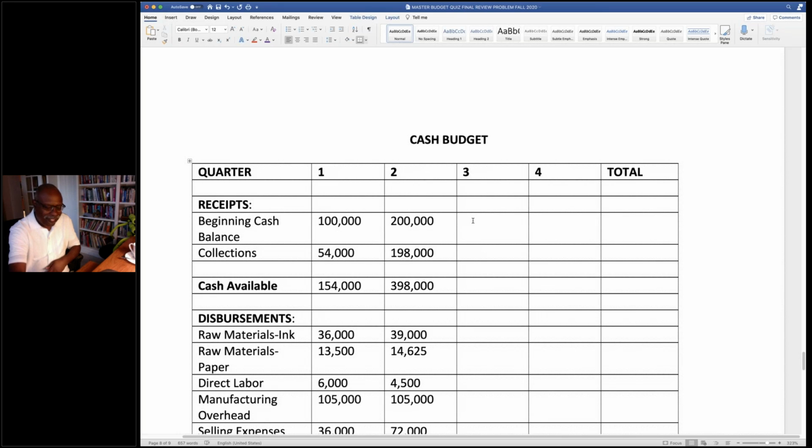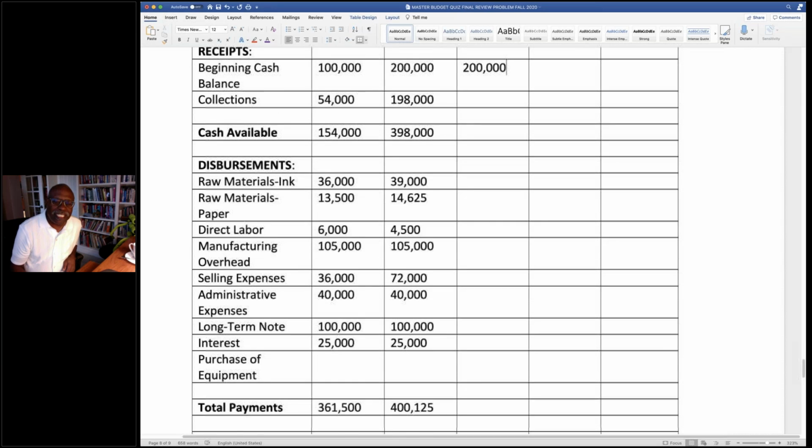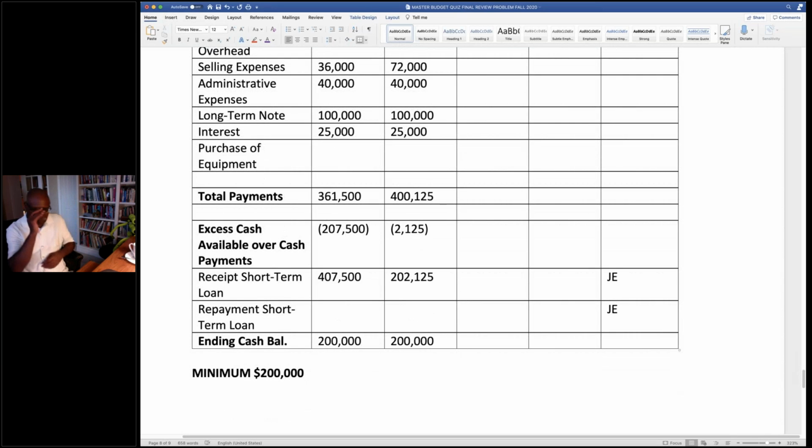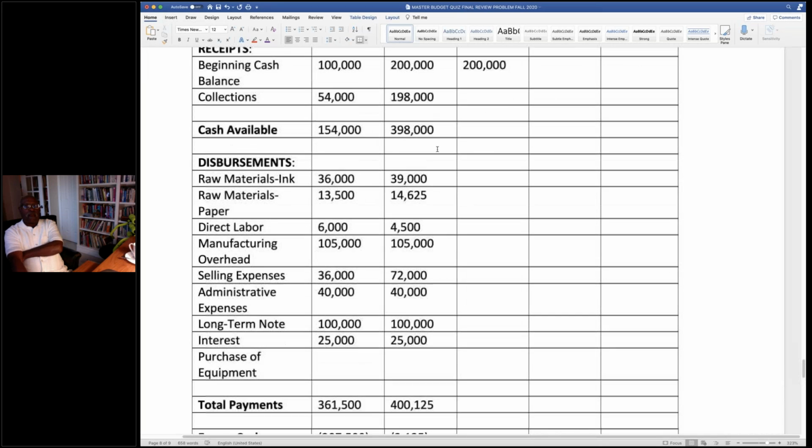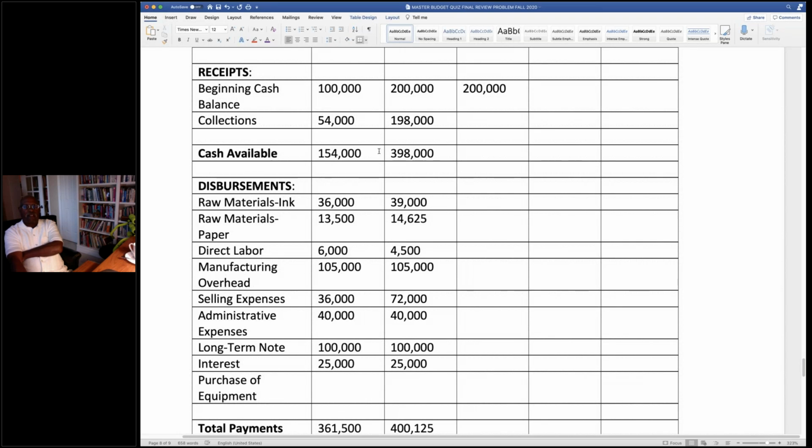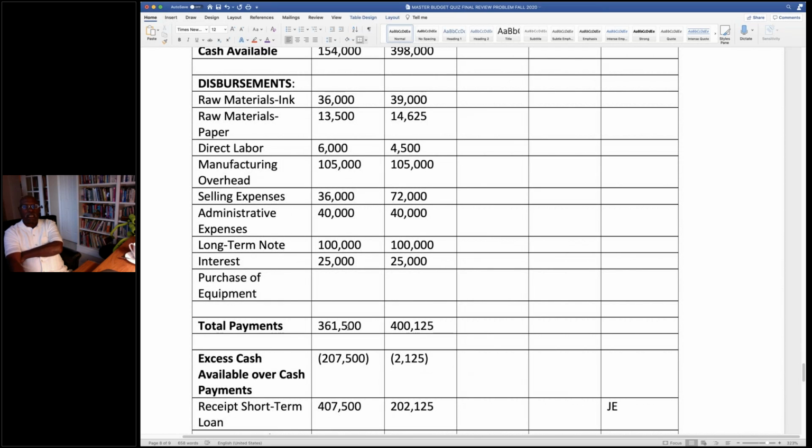Professor Boyd, can you scroll back down for a second? So, the excess cash: you're simply comparing cash available with total payment.